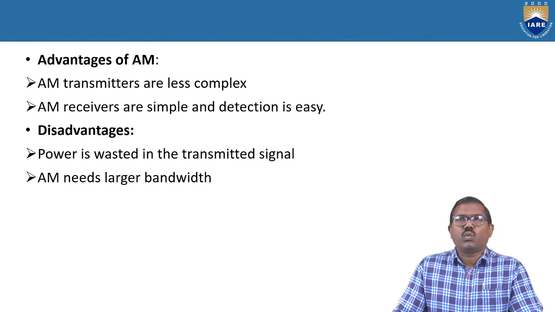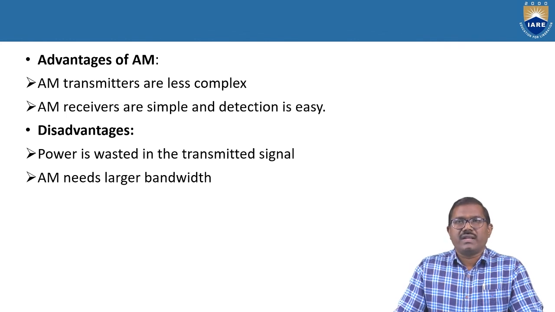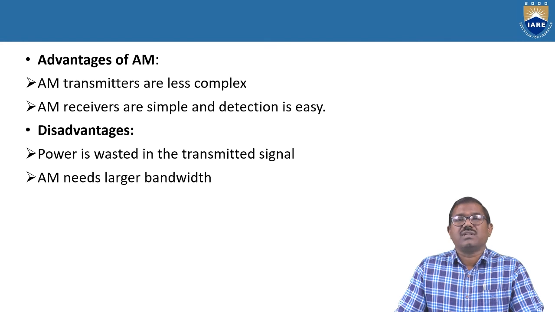The advantages of AM wave: AM transmitters are less complex, AM receivers are simple, and detection is easy. The disadvantages: power is wasted in the transmitted signal, and AM needs larger bandwidth. We will address these disadvantages in the next topic, that is DSB-SC, double sideband suppressed carrier.